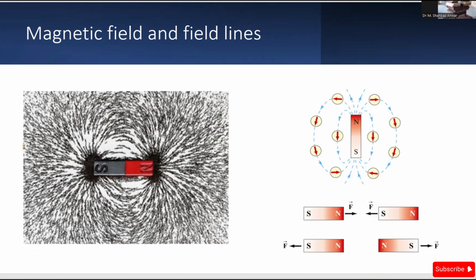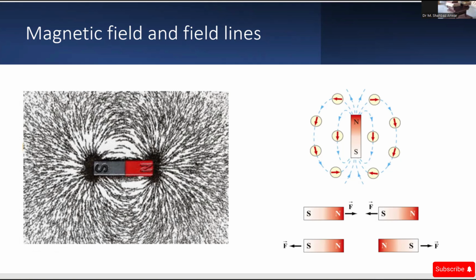The very first time, Faraday did a simple experiment. He used a bar magnet and sprinkled very small iron particles, which we call iron filings, around this bar magnet.